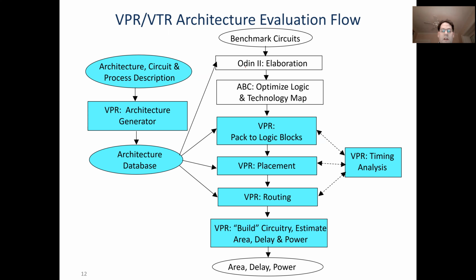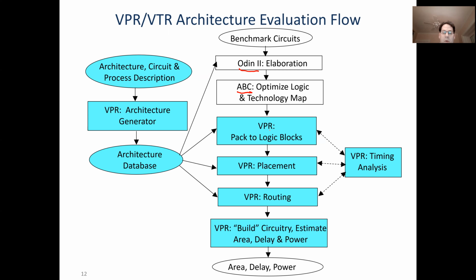So the common tools that will be used for this nowadays are a tool called Odin 2 to do the elaboration, Berkeley's logic synthesis tool ABC to do the optimization of logic and technology mapping, and then a tool called VPR that implements the physical parts of the CAD flow and most of the analysis.